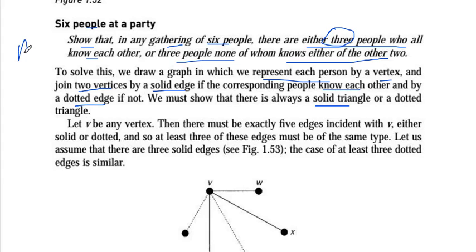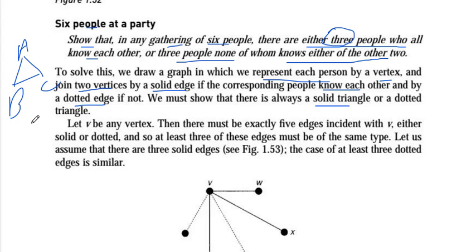So A, B and C. If A knows B, A knows C and B knows C, then this will become a solid triangle. And if none of them knows each other, then it will become a dotted triangle. Okay, so we have to show that there is always either a solid triangle or a dotted triangle.